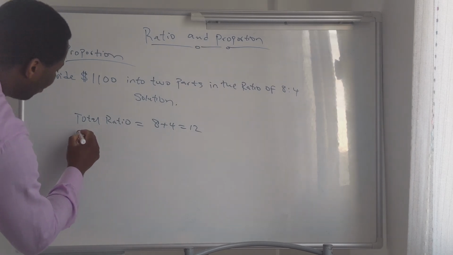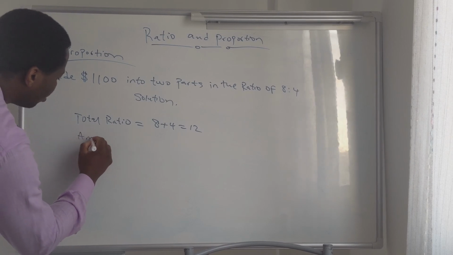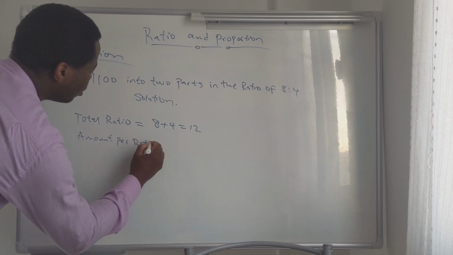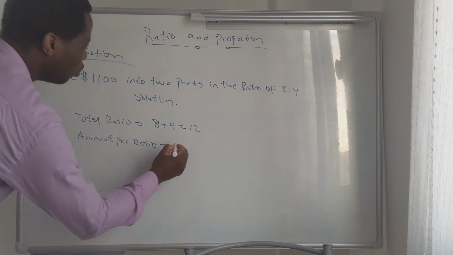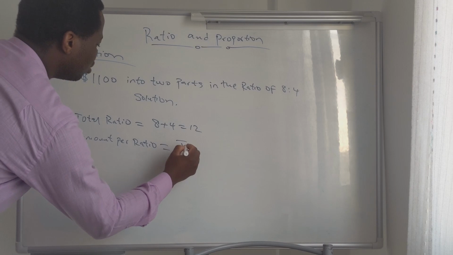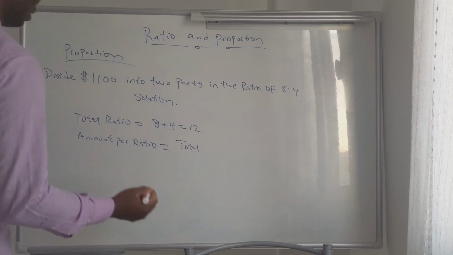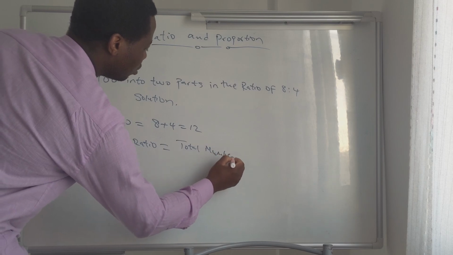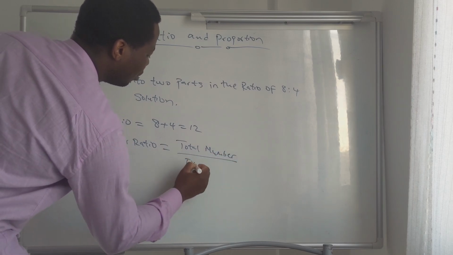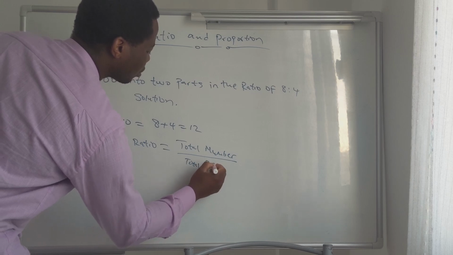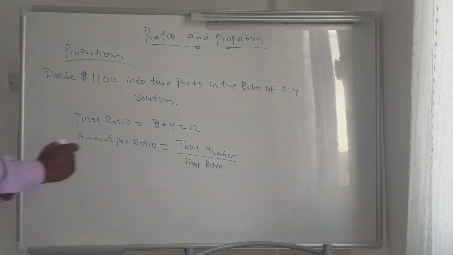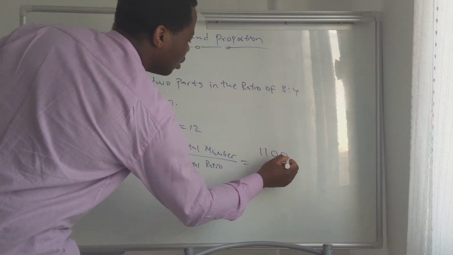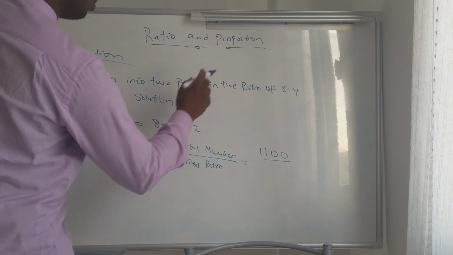So the amount per ratio is equal to the total number that we're supposed to divide, divided by the total ratio, which is 1,100 divided by 12, the total ratio here.